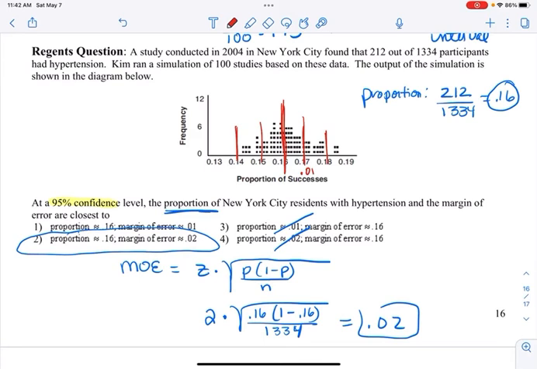So see how this is 0.01, 0.01? So now I'm 2 standard deviations away, and 2 standard deviations away would give me that 95% confidence, right? So you can sort of tell by looking at the picture that it's 0.02 and not 0.01. If I just went 0.01, I certainly don't have 95% of the values between 0.15 and 0.17. Okay, and that's it for this lesson.